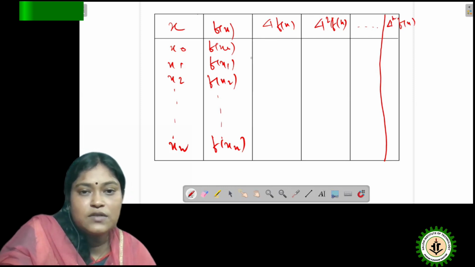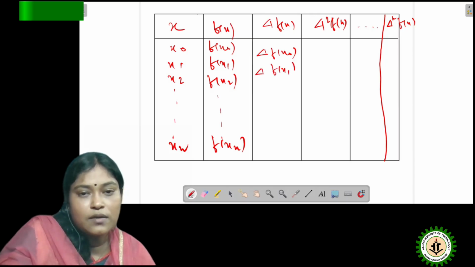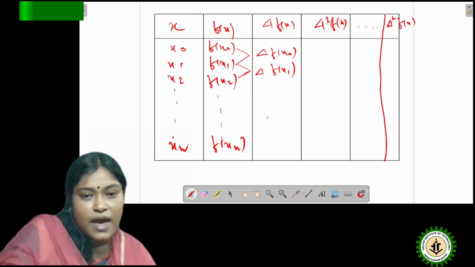Here the first value I will get is delta f of x naught, and the value will be equal to f of x1 minus f of x naught. Next I will get delta f of x1, and the value will be f of x2 minus f of x1. In this way, at last, I will get delta f of x n minus 1, and the value will be f of xn minus f of x n minus 1.